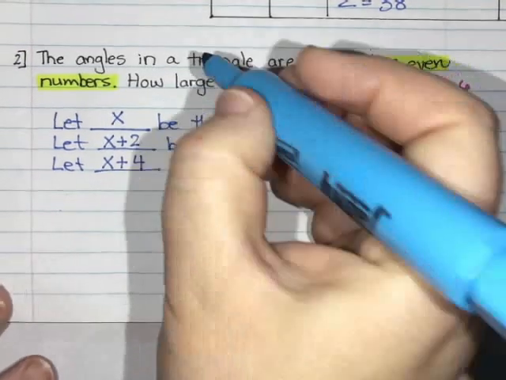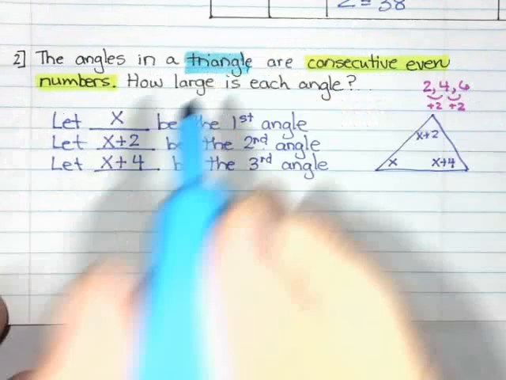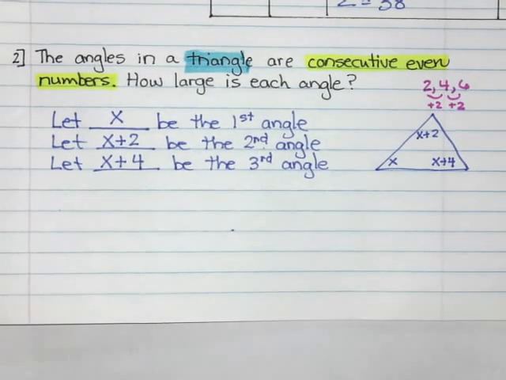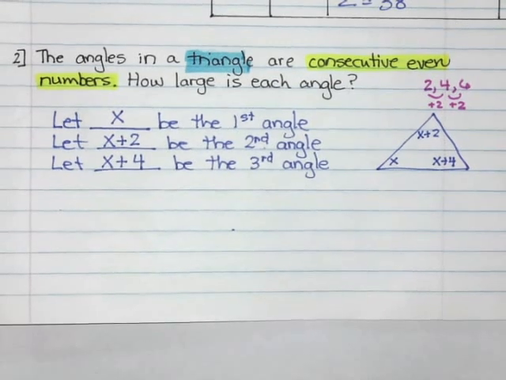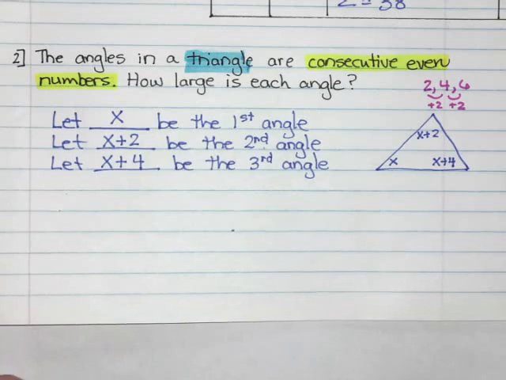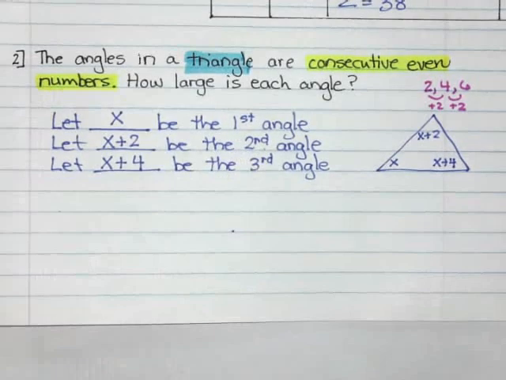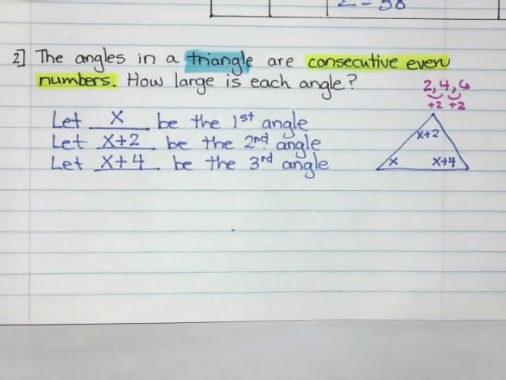But that is hidden in the fact that it is a triangle. And we know because of the sum of the angles in a triangle theorem, otherwise known as SATT, that the angles in a triangle add to 180 degrees. So it didn't tell me the total in the question. You have to know what the total is based on our geometry theorems.